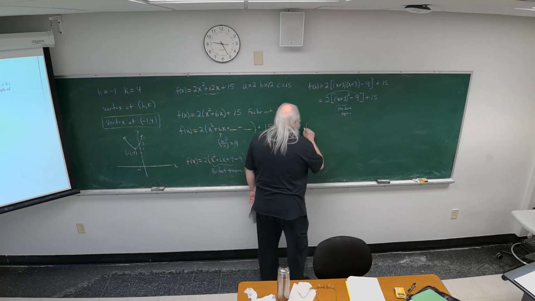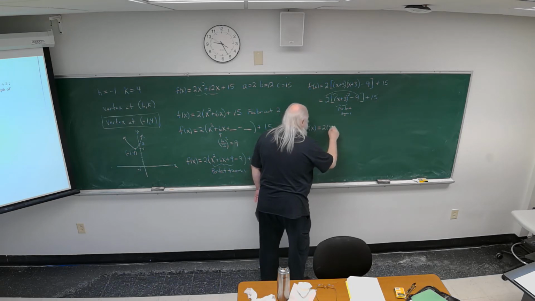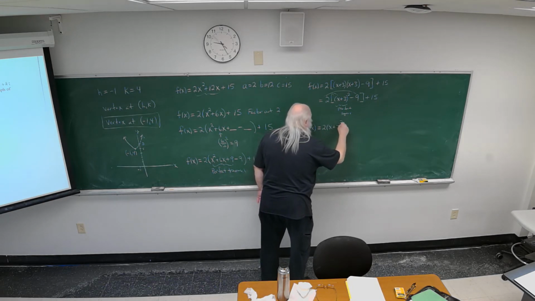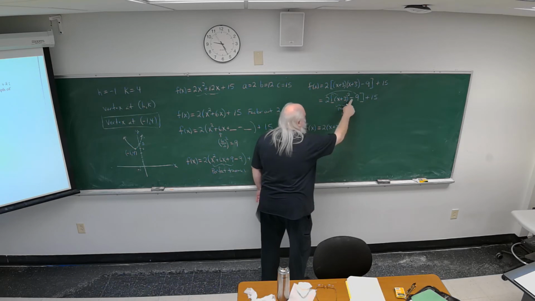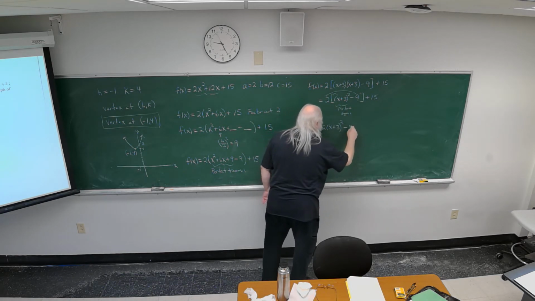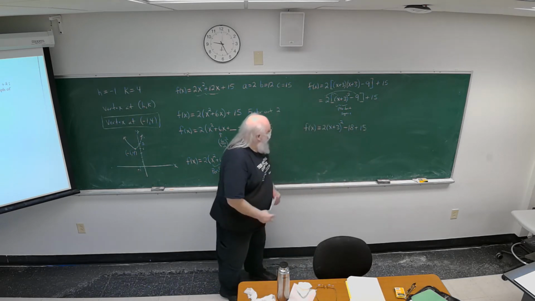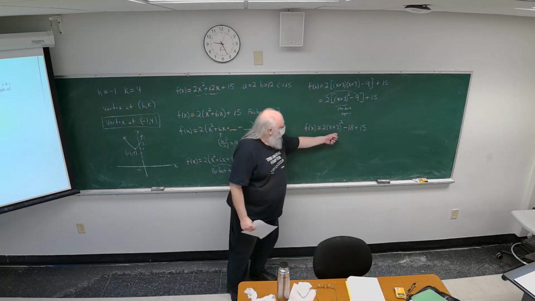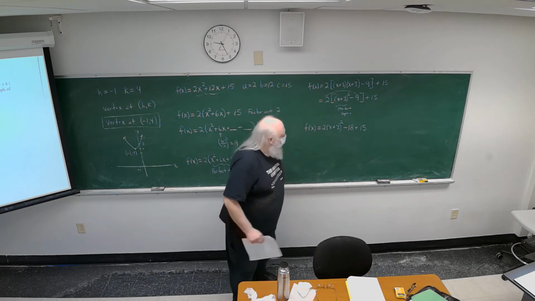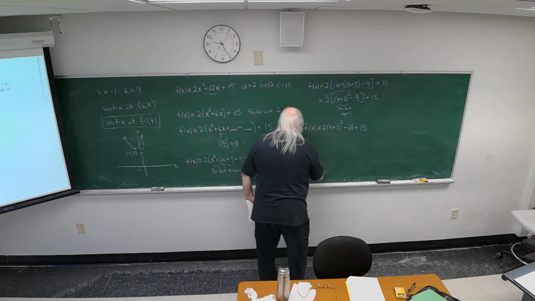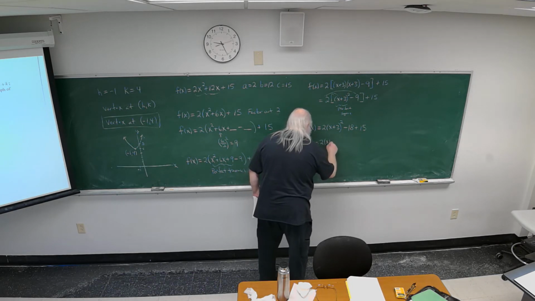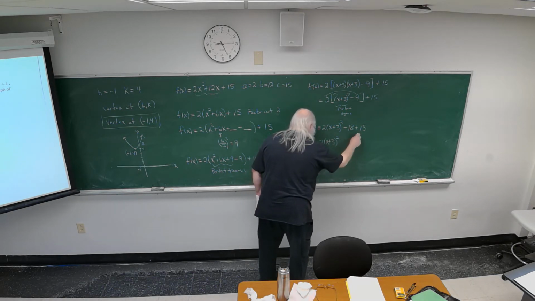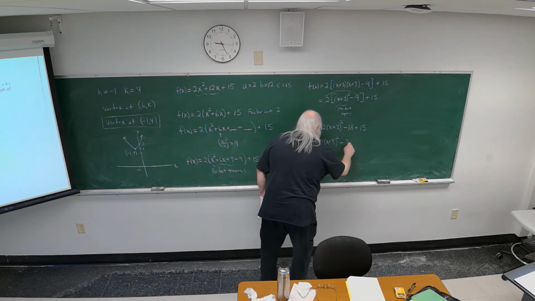So f of x is equal to 2 times x plus 3 squared minus 2 times 9, which is 18. So f of x is 2 times x plus 3 squared minus 18 plus 15, and minus 18 plus 15 is minus 3.